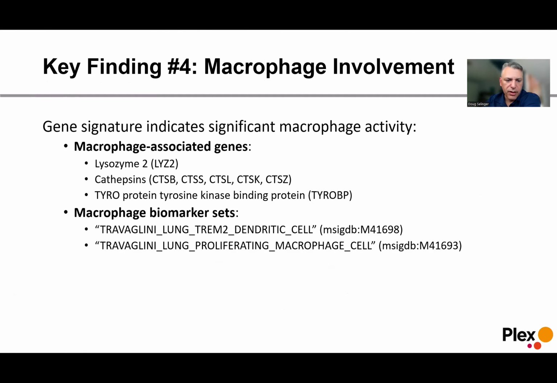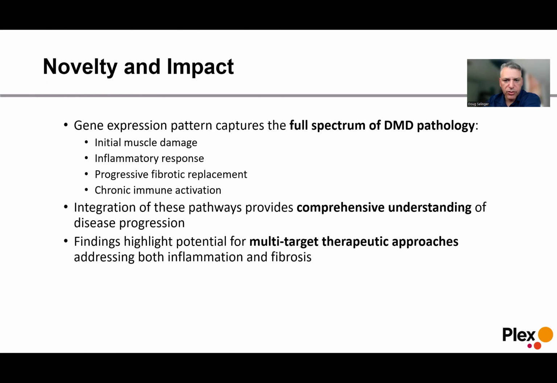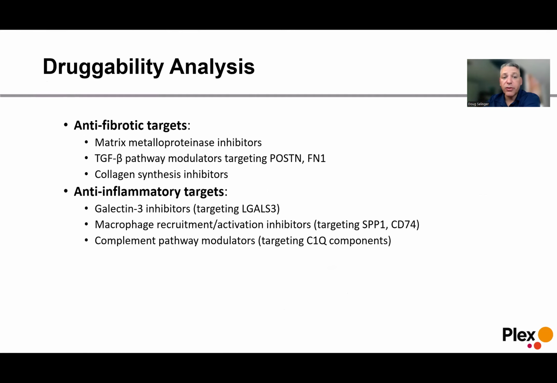Okay, so it walks through whatever else it thought was notable, and talks about what you could do with this: the novelty, druggability, if you were going to think about potential ways to treat DMD, new approaches to DMD. This sort of approach, where you understand the underlying mechanism, can be an important first step in identifying new ways to treat the disease, to diagnose it, to understand the different subtypes, or who will respond to a therapy and who won't.